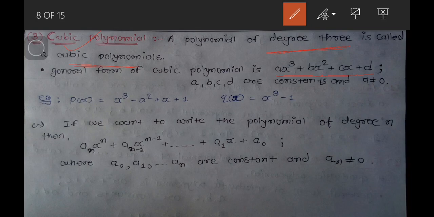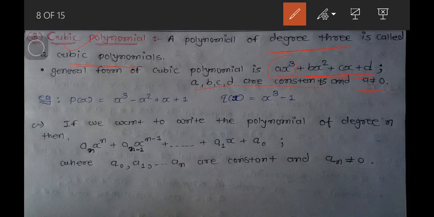And a, b, c and d are constants, and a is never 0, it is not equal to 0, because if you put a equal to 0, then the first term will vanish, and the remaining part of the polynomial is bx square plus cx plus d, and it is the form of a quadratic polynomial.